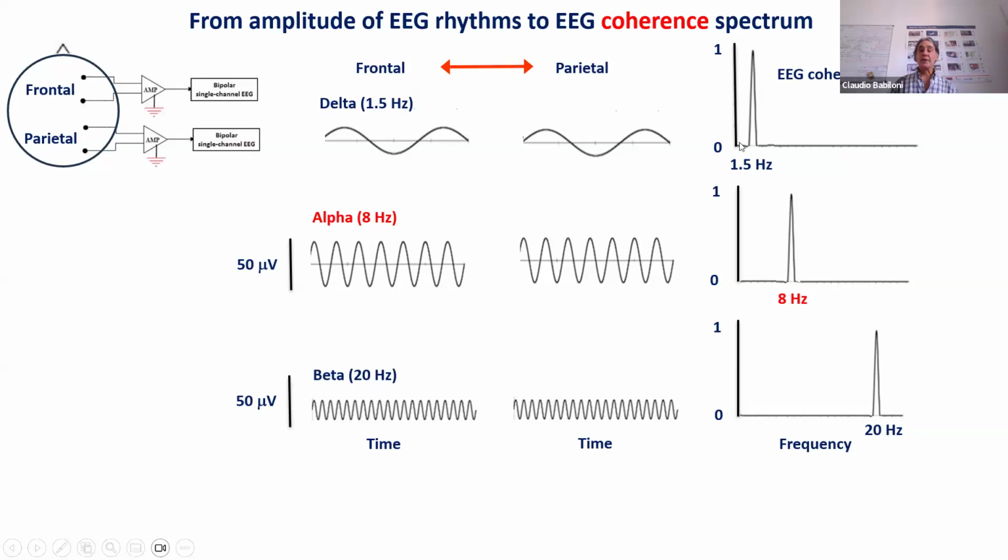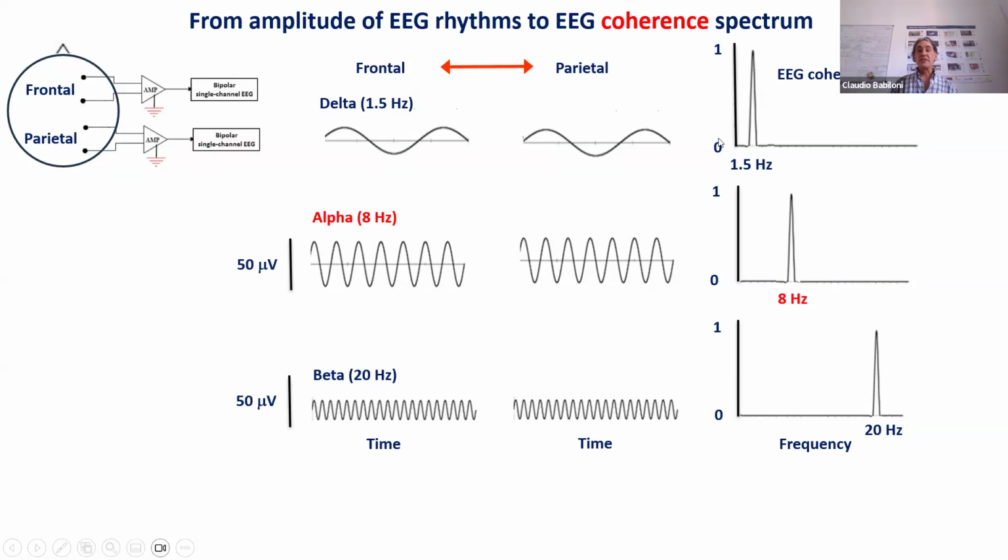The coherence spectrum is composed of a vertical axis with values of coherence between the two EEG activities, with values from 0, no phase relationship, to 1, the maximum phase relationship between the two EEG activities. And then in the horizontal axis, you have the frequency bands in your EEG recording.